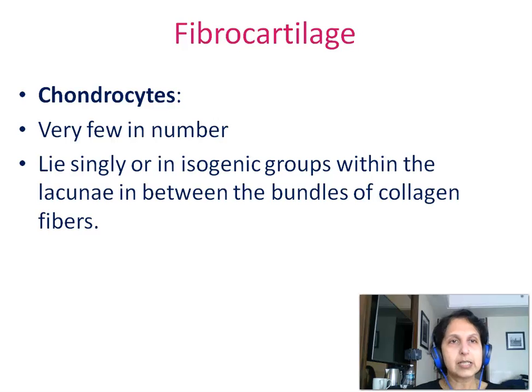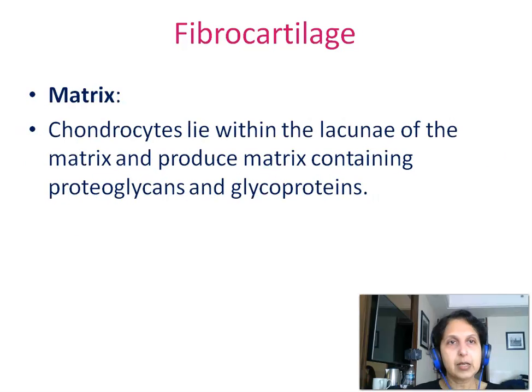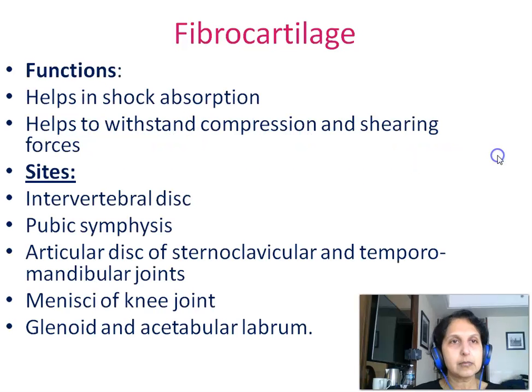Chondrocytes here, very few in number, lie singly or in isogenic groups within the lacunae in between the bundles of collagen fibers. Matrix: chondrocytes lie within the lacunae of the matrix and produce matrix containing proteoglycans and glycoproteins.